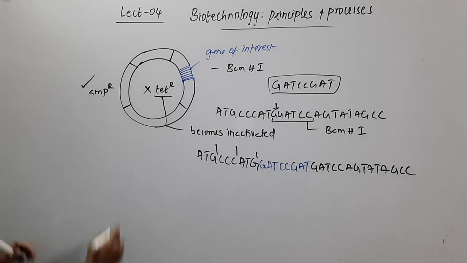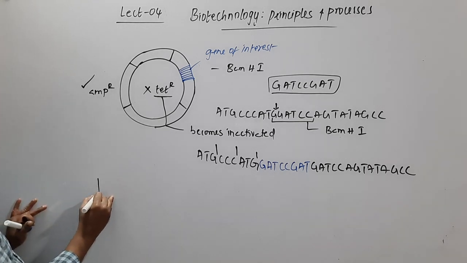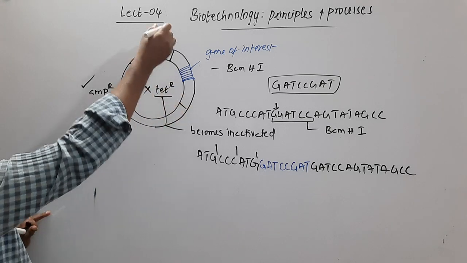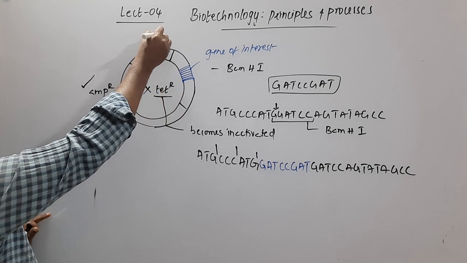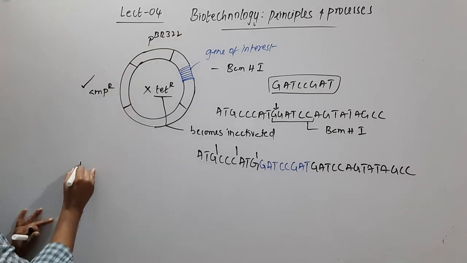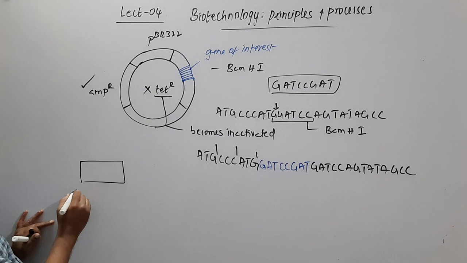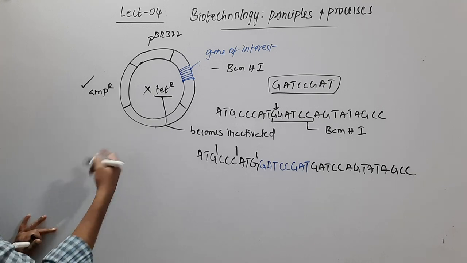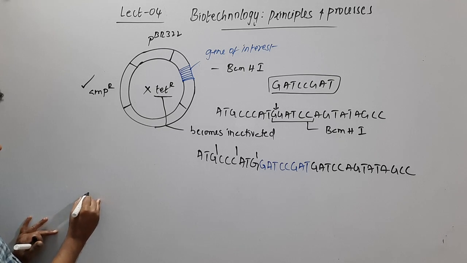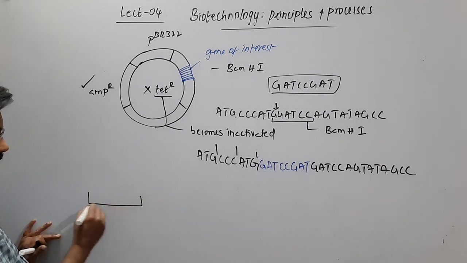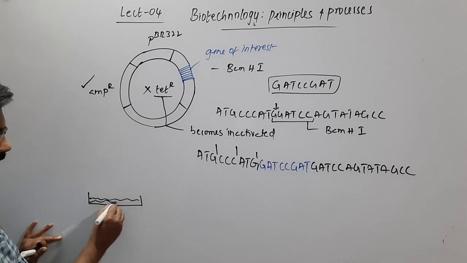Now what I'm going to do is put this plasmid, say this is the pBR322 plasmid, into the bacterium. We need to transform the bacterial cells and then take media that contain these antibiotics.